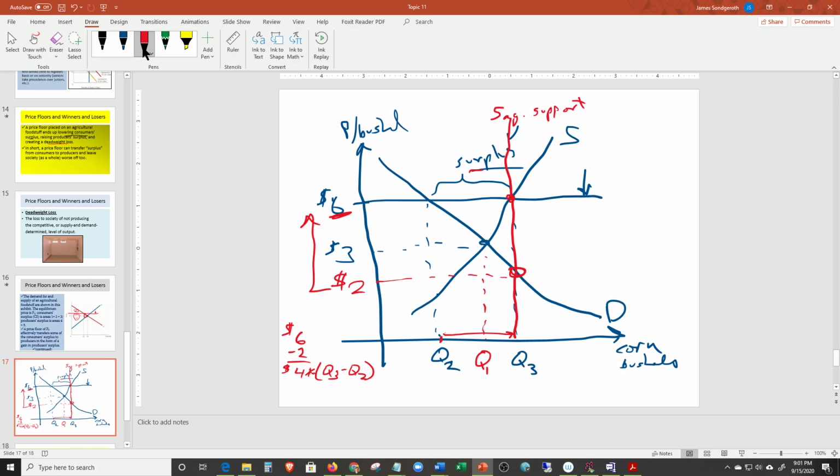graph. Where's the dead weight loss? I guess I'm just going to say the dead weight loss is here. In other words, we're producing more than we would before, and the marginal cost is greater than the marginal benefit of doing it. So the dead weight loss must be right here. But look at this, consumer surplus is everything in here, and producer surplus is everything above the supply curve up to that.